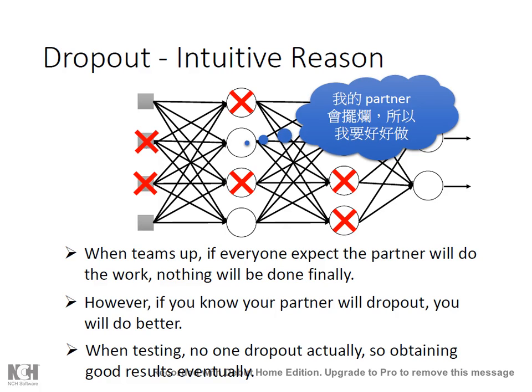You will use the complete network, so no one drops out, and you will obtain a better result. Understand? So the idea is very simple, but it really works. Okay, any problems?